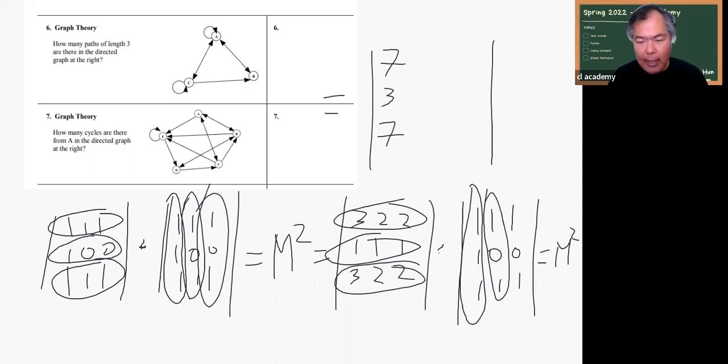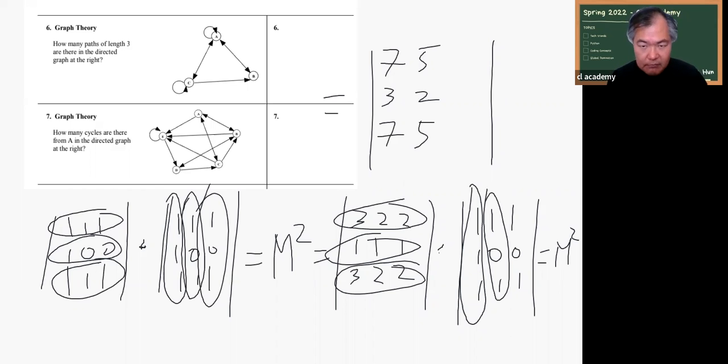Row A times column B would be a 5. Then row B times column B would be a 2. Then row C times column B, and rows A and C are the same, so we would get the same thing.